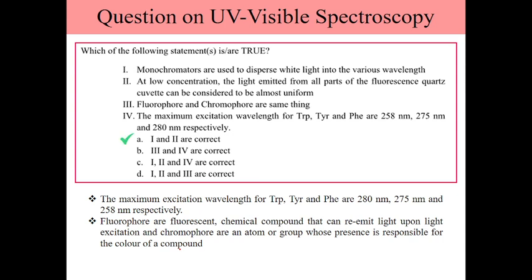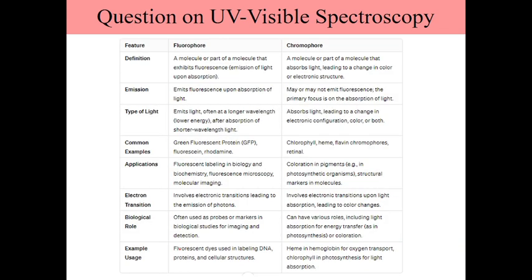So now definitely option A is correct, and this table is going to tell you more about fluorophores and chromophores. Green fluorescent protein is a fluorophore. Everything is given here, so you can go through this. Since we are running short of time, I will not go through this in detail. The heme group is in blood.